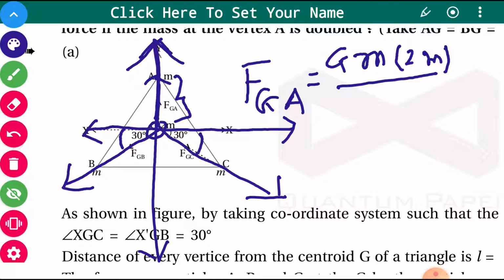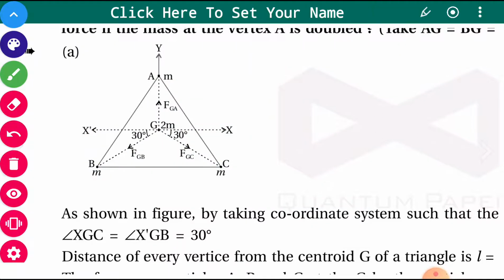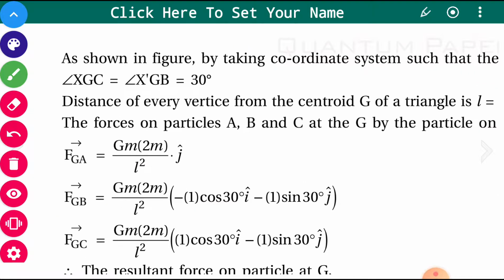Right now I am writing 1 square, G m1 m2 upon r square, and the direction of force is positive y direction, so we write j hat. So the first force, that is force on G by A, is written here in the first step.